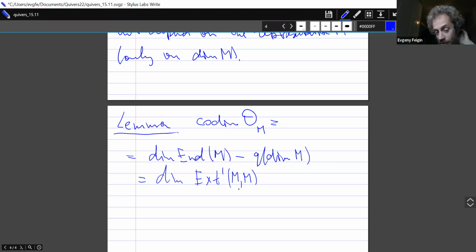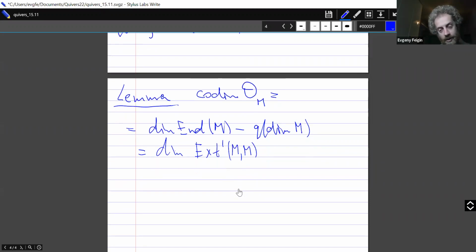So the codimension is more or less the dimension of endomorphisms, or otherwise the Ext groups.